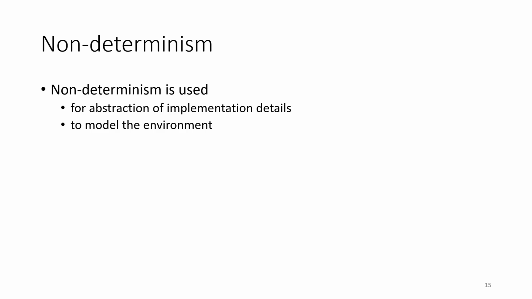If it fails because this value is breaking something, then we might have to add the details of the specification and say, well, in this case, it actually wouldn't give you the 5, it would give you the 1. But we only have to add these details if our model checking fails. So that's abstraction and refinement that usually is based on non-determinism. And of course, if we model the environment, then there clearly will be non-determinism because we don't know how the environment is going to behave.